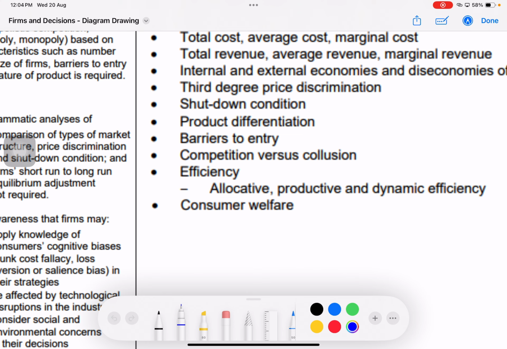Therefore, I hope right now you are able to extend this to remember this thing called X-inefficiency, where they are producing above the LRAC curve. Why can a firm afford to produce above the LRAC curve? Basically, it is the idea that high barriers to entry, no competition, and then they are very lax with their cost control.